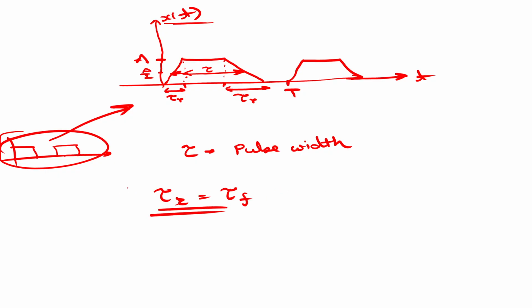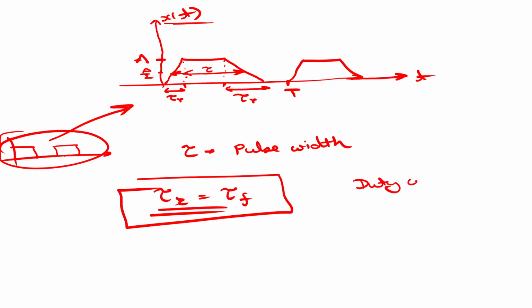That has been the case throughout all the lectures. Now, what is the duty cycle? Duty cycle is the ratio of tau by T.